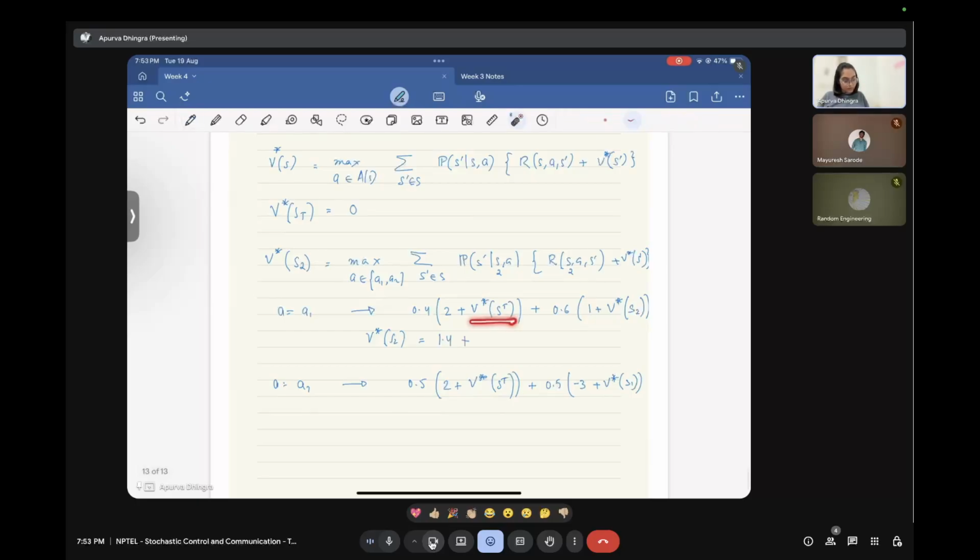This term is just 0, so there's nothing else. This term is the one that we're trying to compute. So what we are ending up with is 0.4 of this is this, meaning if this action was chosen, the value function of S2 would be 1.4 divided by 0.4.